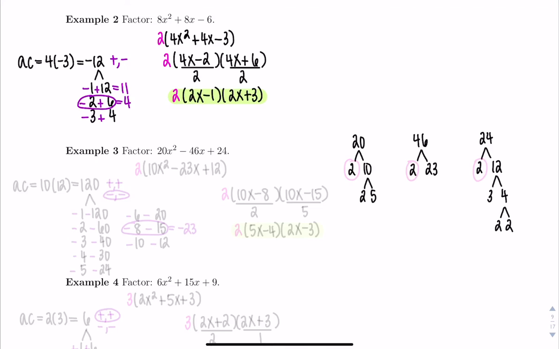So then what do all of these things have in common? They've got a 2 in common. And that is it. So that means we can pull a 2 out front, and we're left with 10x squared minus 23x plus 12.